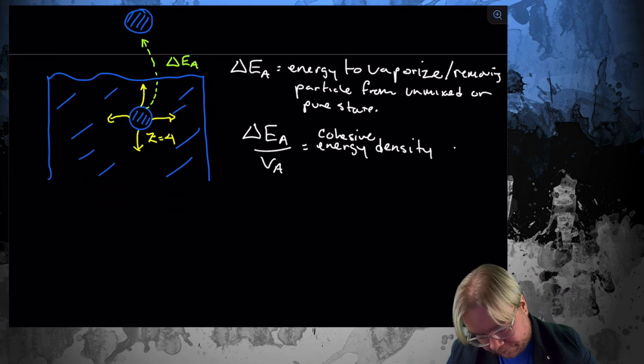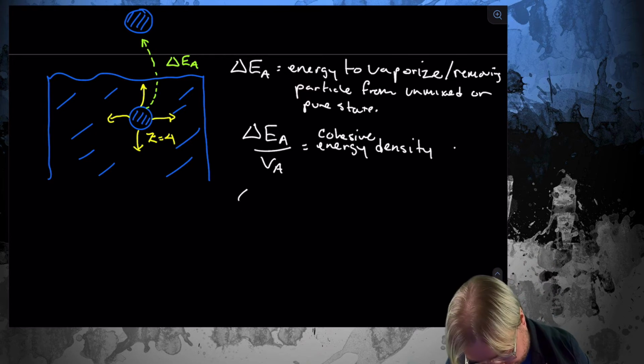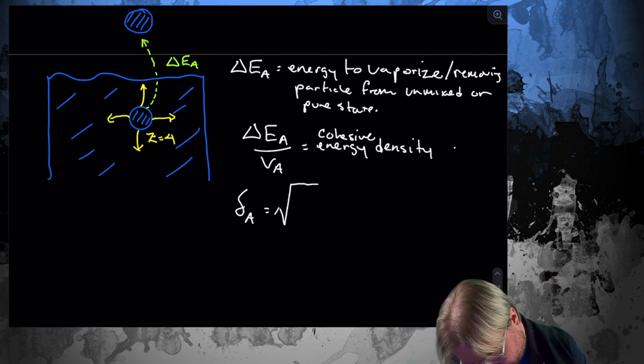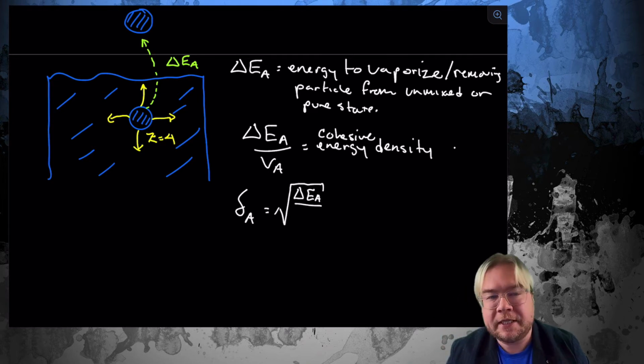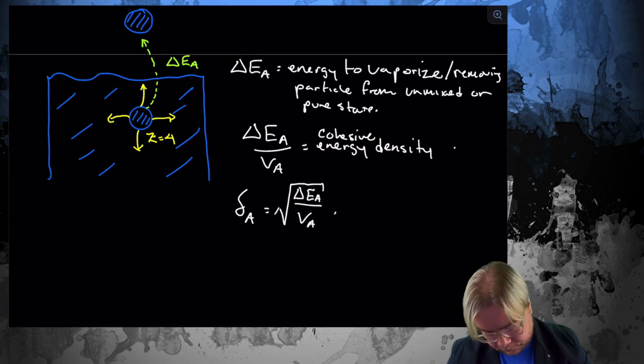And we're going to define something from this. We're going to define what we call a solubility parameter. The solubility parameter for A will be equal to the square root of that energy required to remove it from its condensed phase divided by the volume of the A particles.